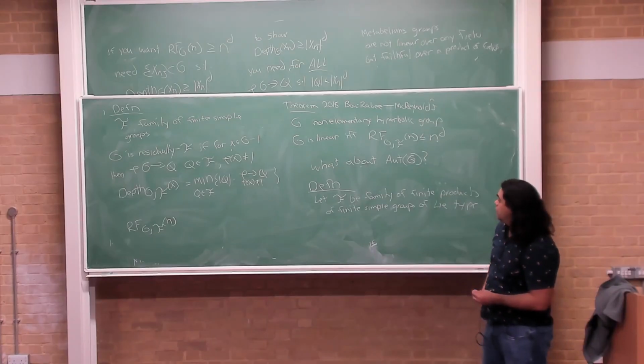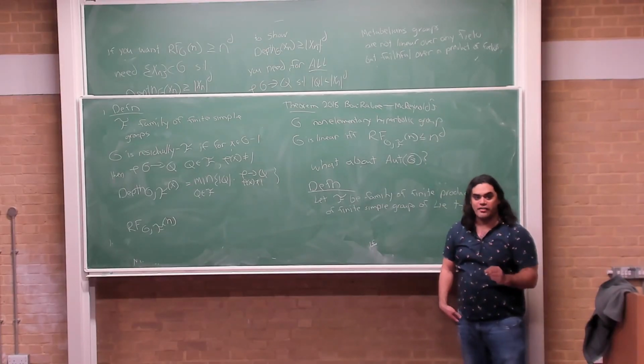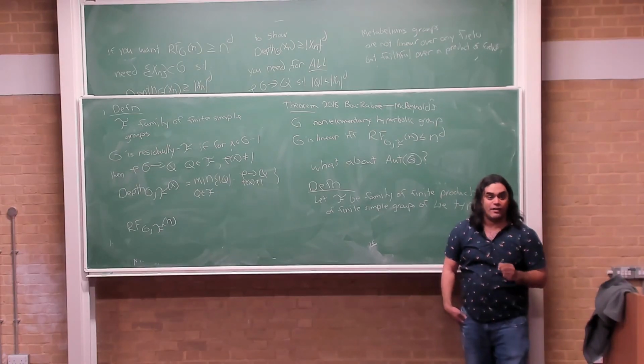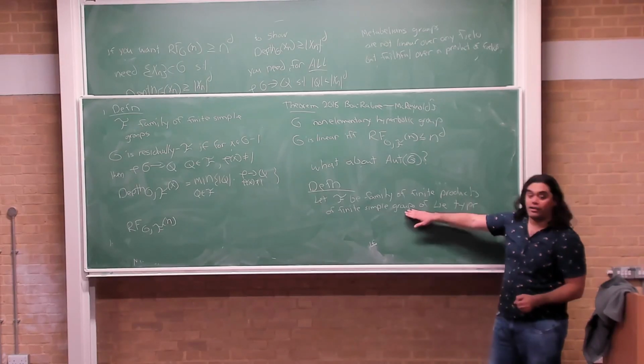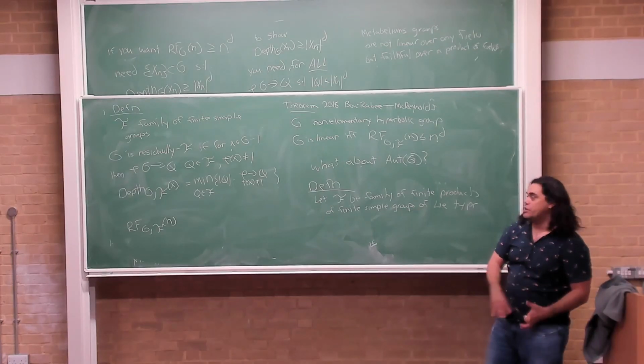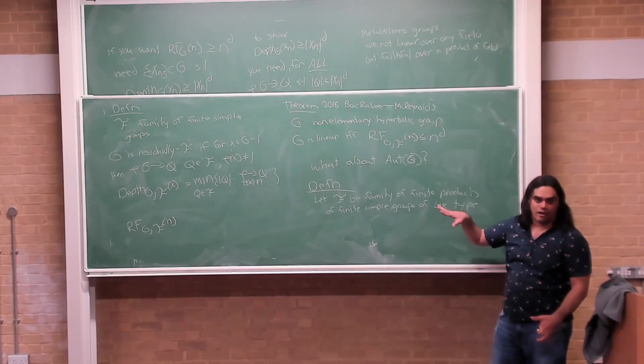It's no longer just simple groups. The reason being is that your group may not admit any characteristic quotients that are finite simple groups, but if you have a quotient that's a finite simple group, you will admit one that is a finite product of finite simple groups that is characteristic.